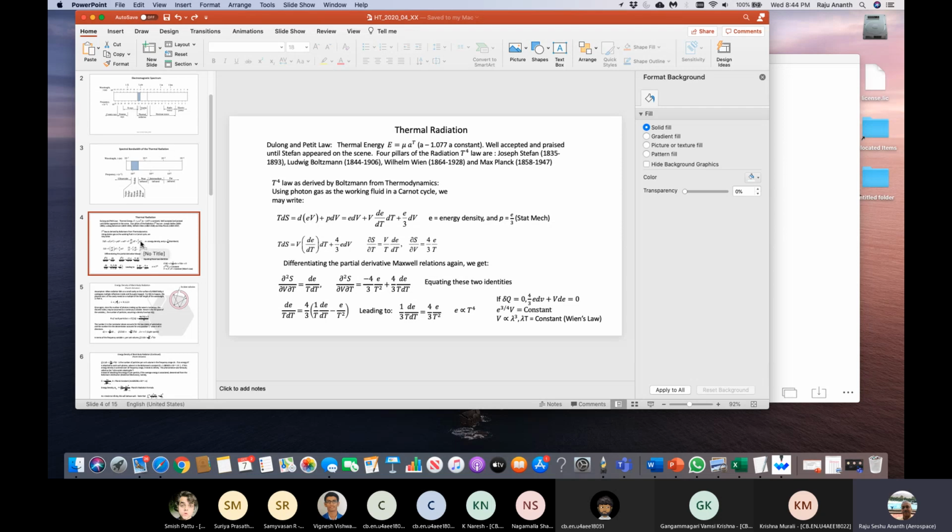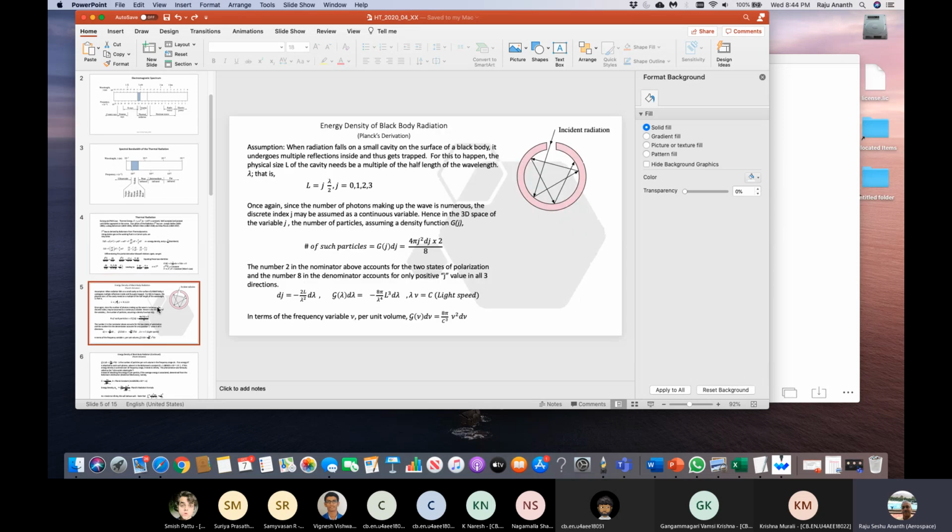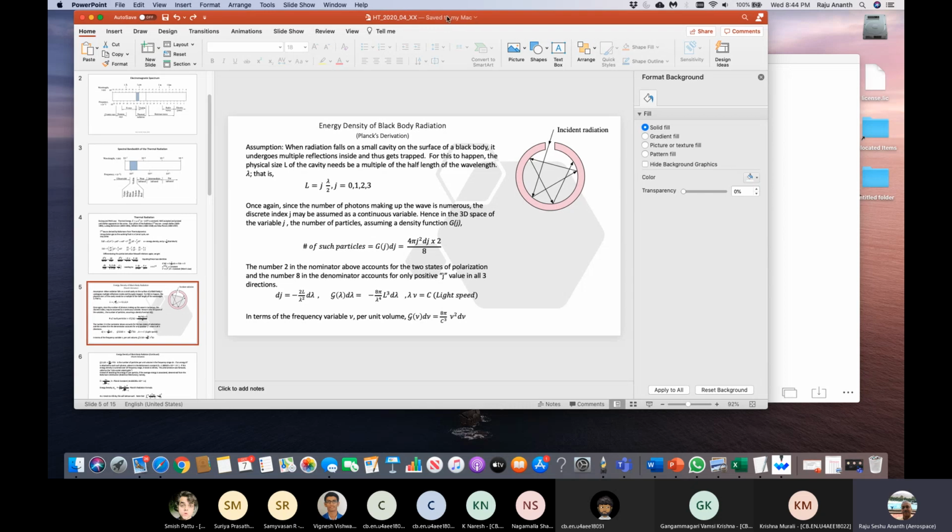So that is when Max Planck came into the picture. Even before that, people were trying to formulate this problem in a way.